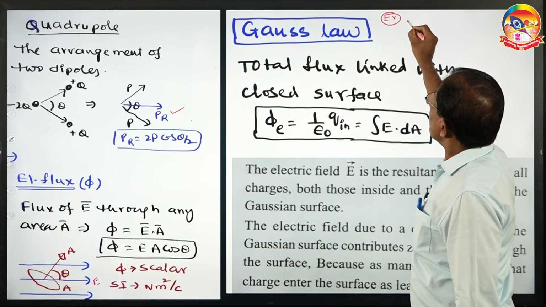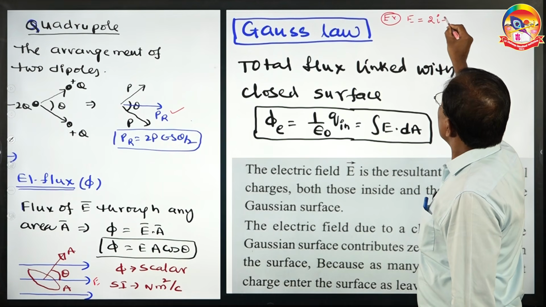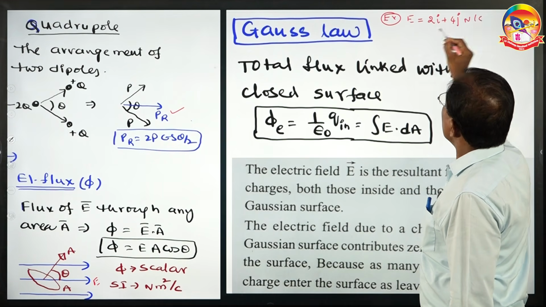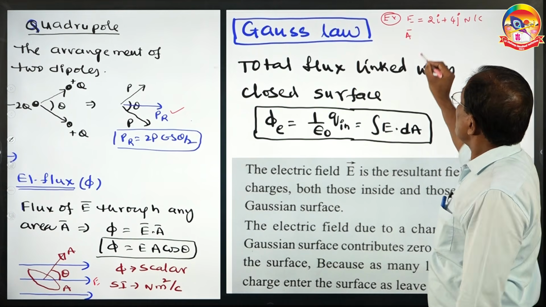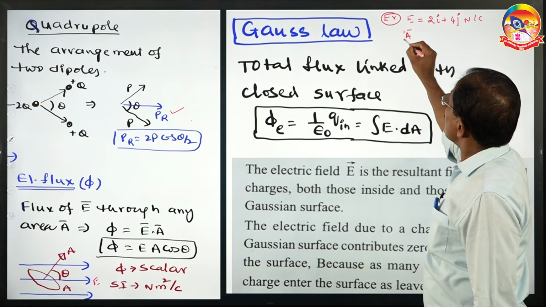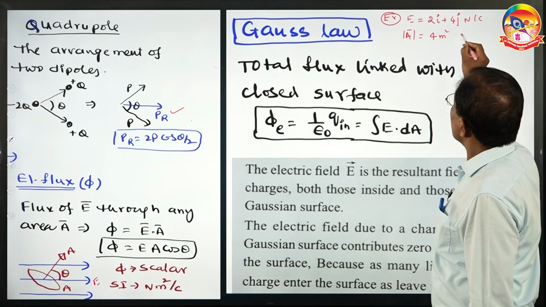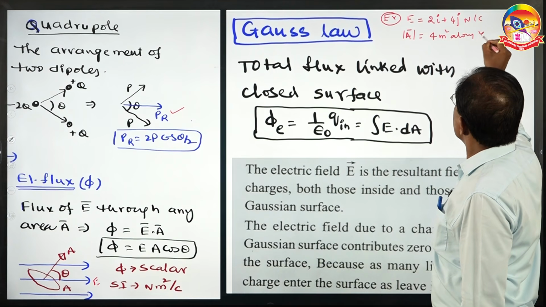Here the electric field intensity E is equal to 2i plus 4j Newton per Coulomb, and what is the flux through the given area, where the area is 4 meter square along the y axis?